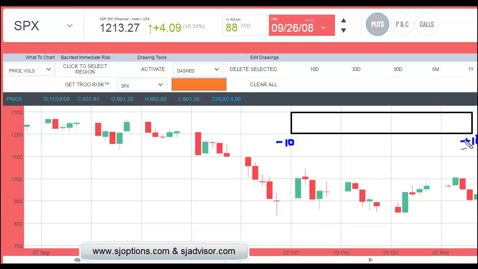Plus 10% and down 10%. This is called TIMS. You can read more about it on the Options Clearing Corporation website. They have documentation on this.